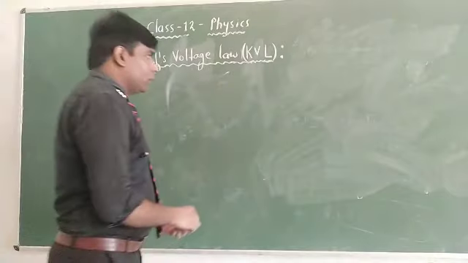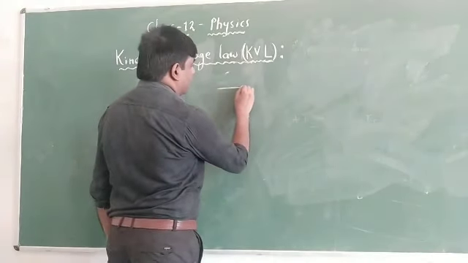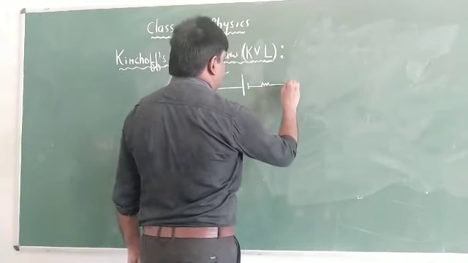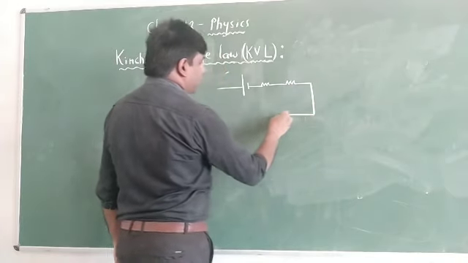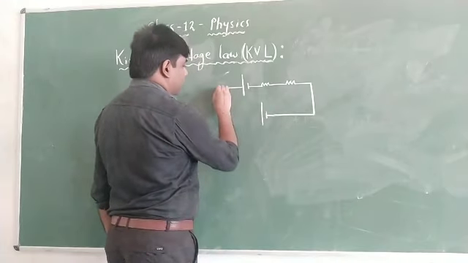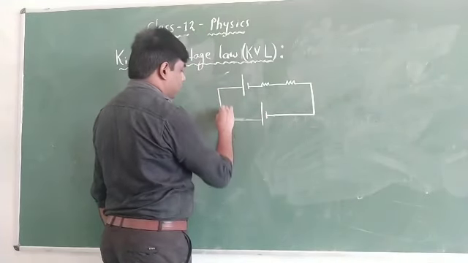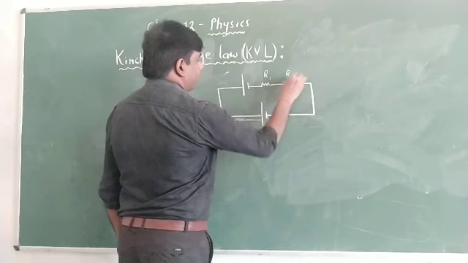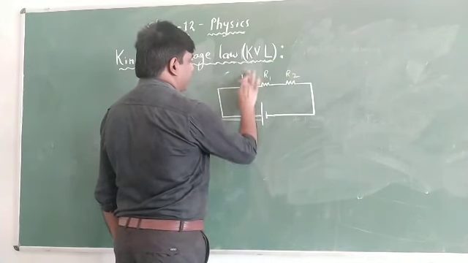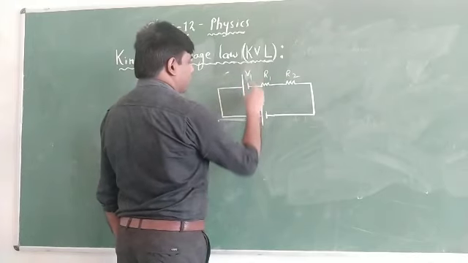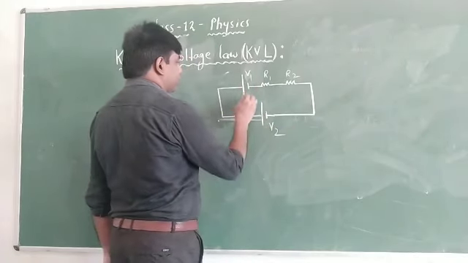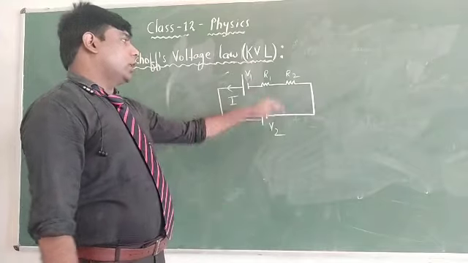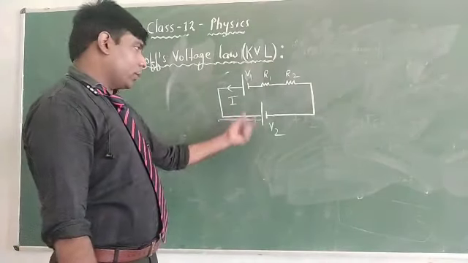Voltage law, KVL, right? Let us say in a circuit there are two voltage sources, two resistances R1 and R2, and current is I. Direction of current we have considered.